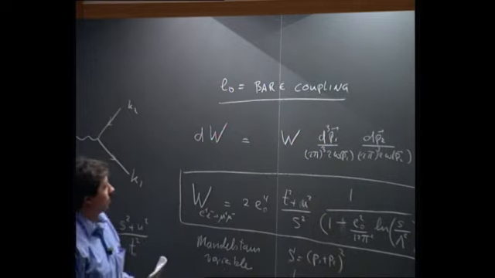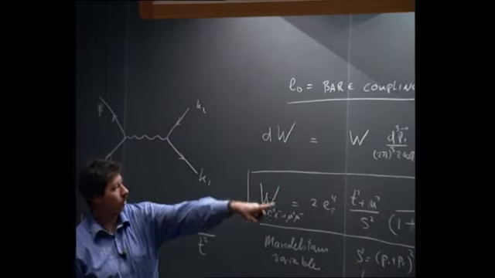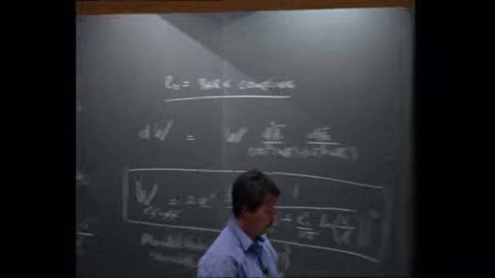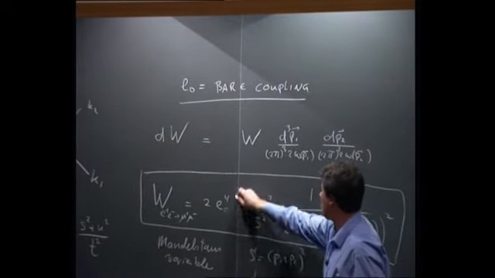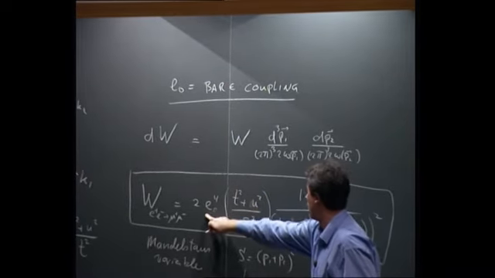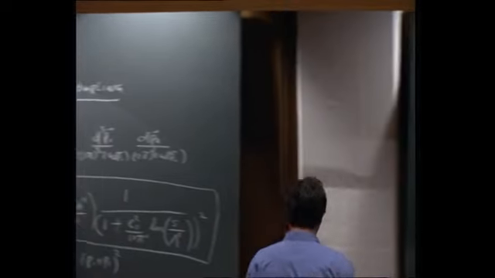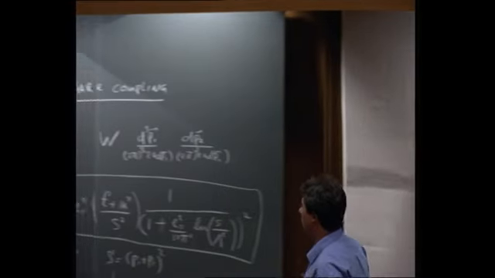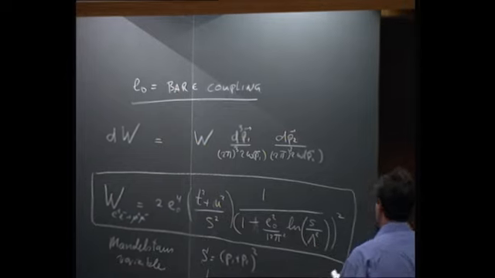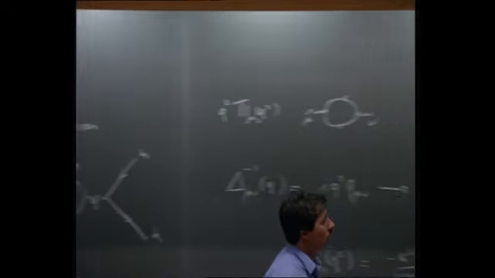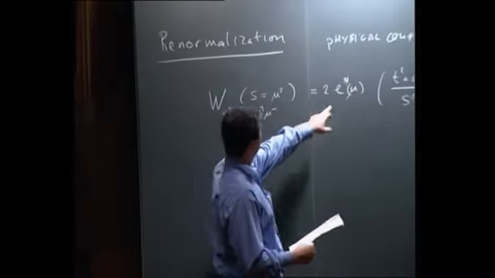And now what I'll do is take this expression which I calculated and put it equal to my physical coupling over there. And you see that, of course, this part of the diagram is the same, so I only have to compare the other parts in here. I have e to the fourth here and have this squared. So I'm going to compare that to e mu to the fourth in this expression.